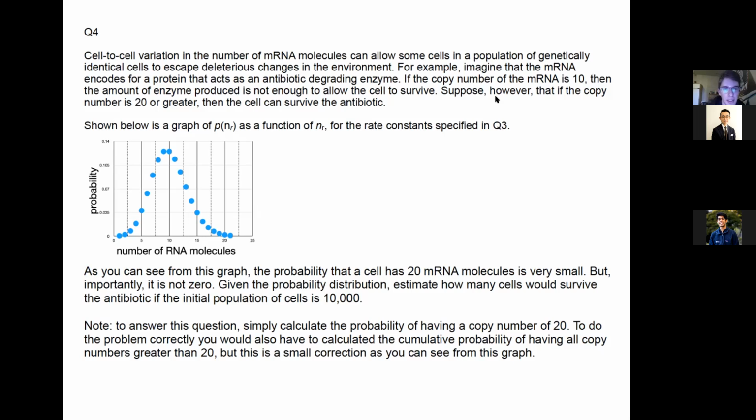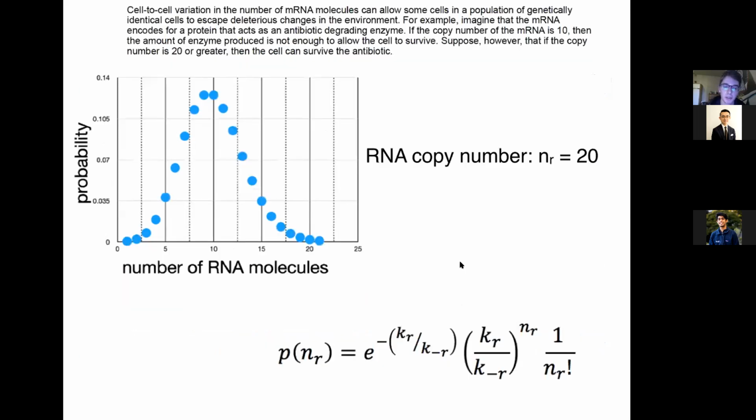So based on this probability distribution, we want to first start out with calculating the probability that a given cell survives, which would be the probability that a cell has 20 RNA molecules. So as gone over in question 3, the number of RNA molecules under steady state will follow a Poisson distribution.